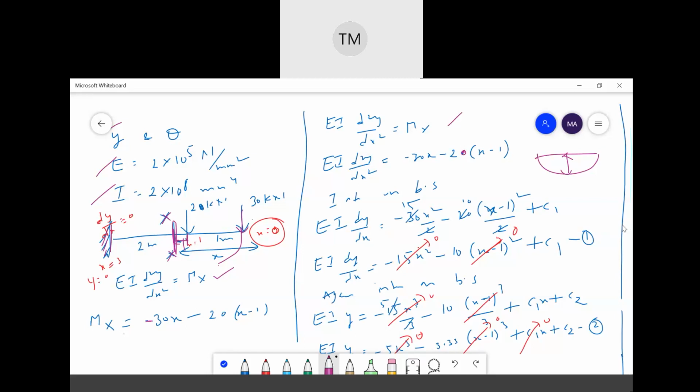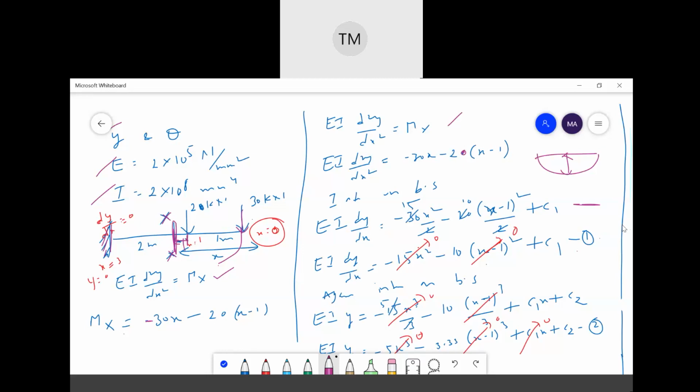Then integrating on both sides, integration and differentiation will cancel. EI dy by dx is equal to minus 30 into x square by 2 minus 20 into x minus 1 whole square by 2 plus C1. Simplifying this equation, you will get equation 1.